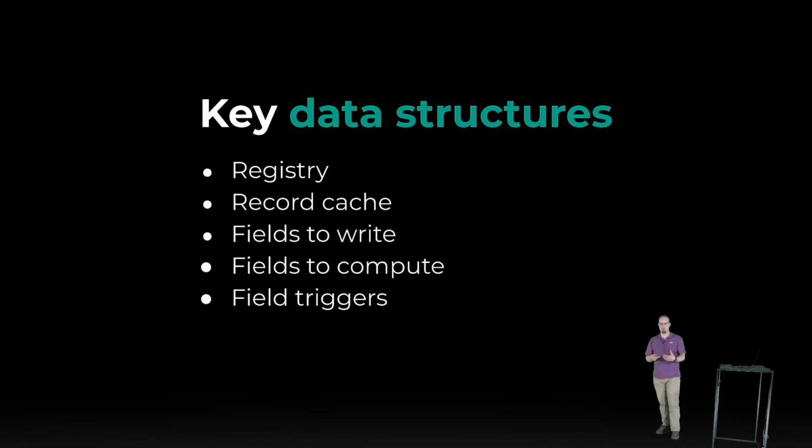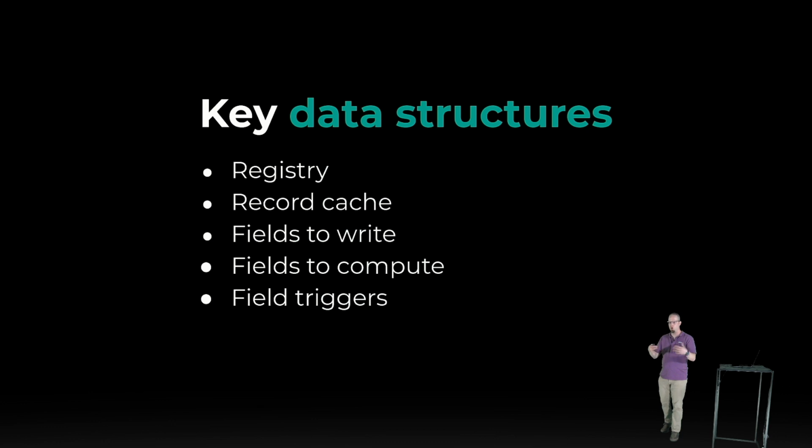The implementation of the ORM is, as many systems, shaped around a few key data structures. In this presentation, I'm going to focus on those data structures, and everything else, in fact, is simply defined in terms of those data structures.